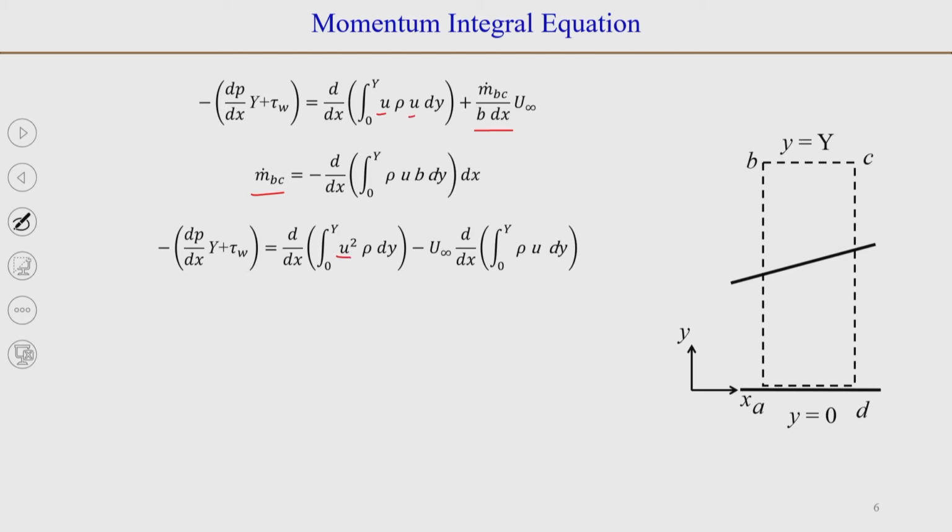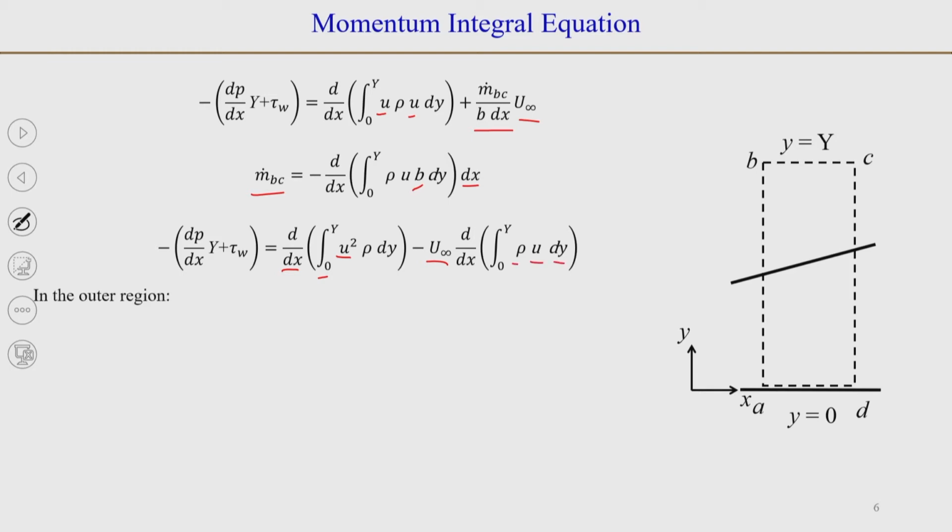So, we get the equation minus dp by dx into y plus tau w is equal to d by dx integral 0 to y u squared rho dy minus u infinity, and dx will cancel out, and this b will also be cancelled out. So, we will have inside the integral d by dx of integral 0 to y rho u dy.